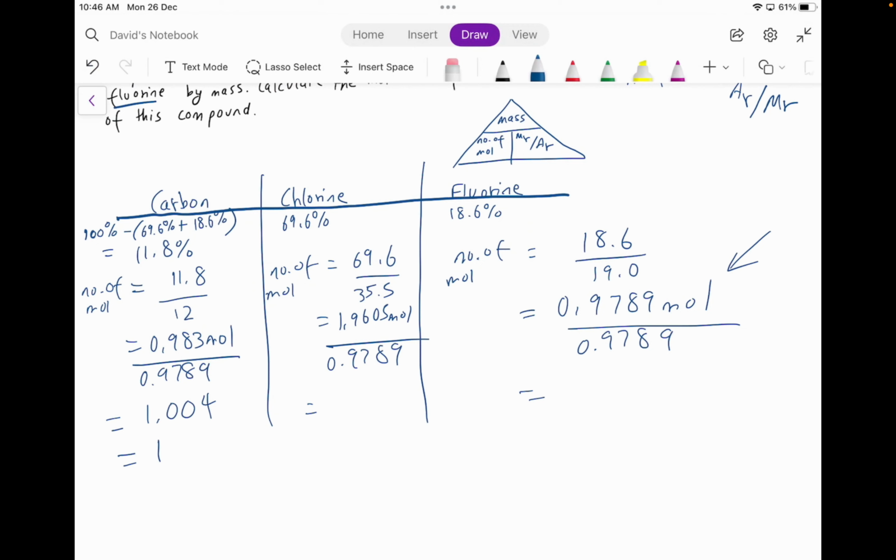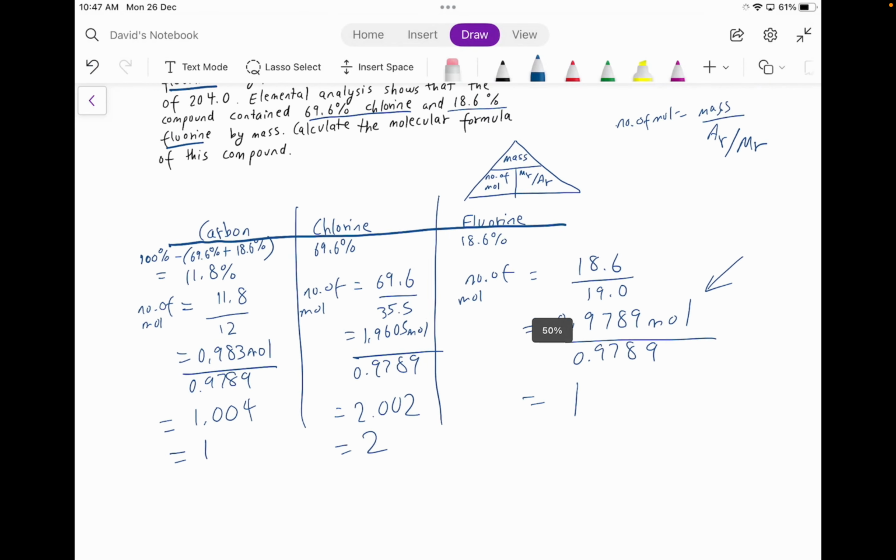For chlorine, 1.9605 divided by 0.9789 gives 2.002, which is rounded off to 2. For fluorine, 0.9789 divided by 0.9789 is just 1. All right, so these are your whole numbers.